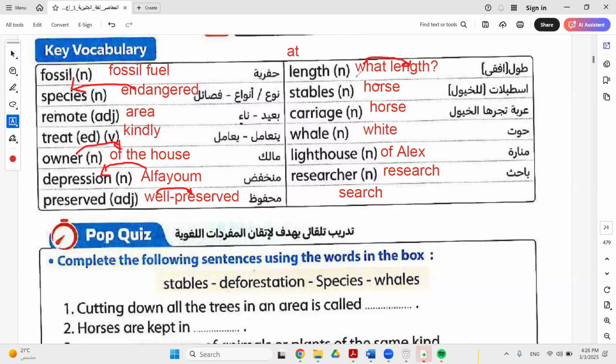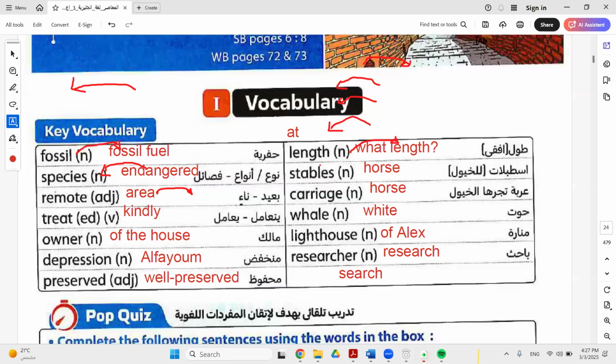Horse carriage. Horse stables. White whale. Lighthouse of Alexandria. Research. This is a verb. Researcher. This is a noun.